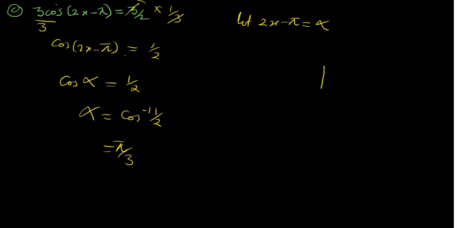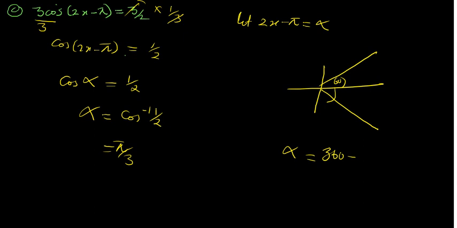So in the first quadrant we have found 60 degrees. We know that cos is also positive in the fourth quadrant. Now what will be the angle in the fourth quadrant? In the fourth quadrant, how do we find angles? So alpha is going to be equal to, you just remove from 360 the angle that you have found, and in this case we found 60, so this is going to give us 300.